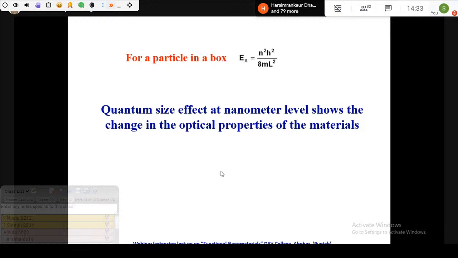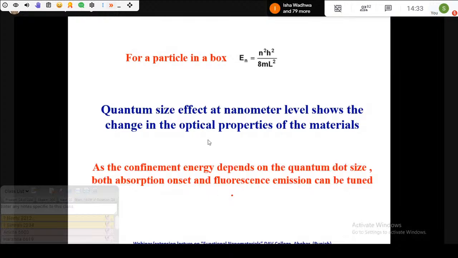How? If you just recall some other things like absorption and fluorescence emission. If you remember the Jablonski diagram, you know very well that electrons are excited, they go to the singlet or triplet state and they come back. While coming back to the ground state, they release some energy, and that is called fluorescence, phosphorescence.